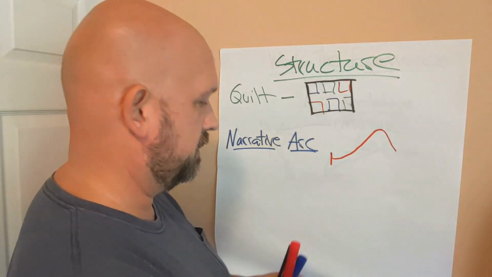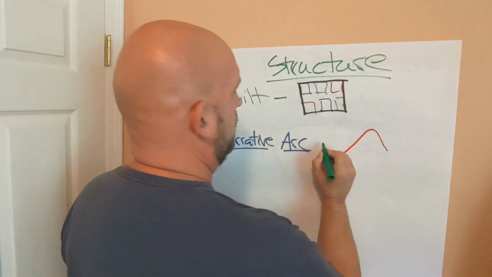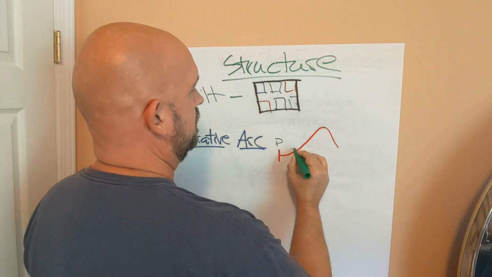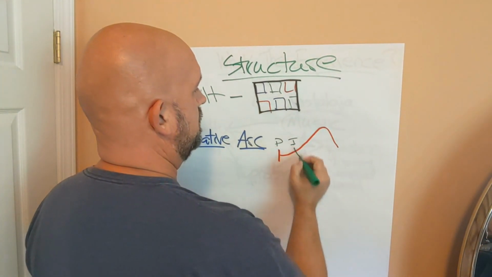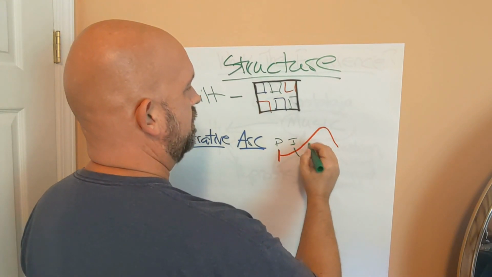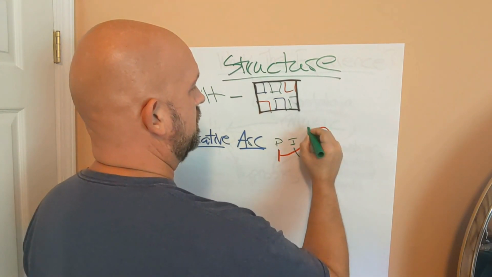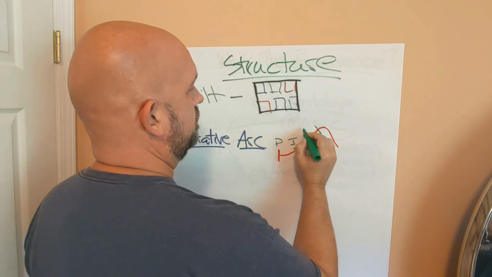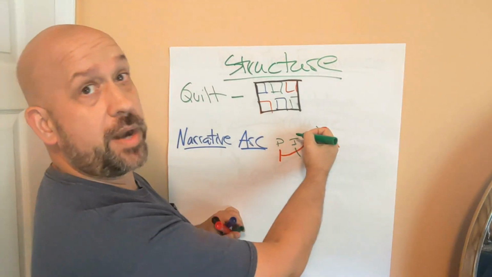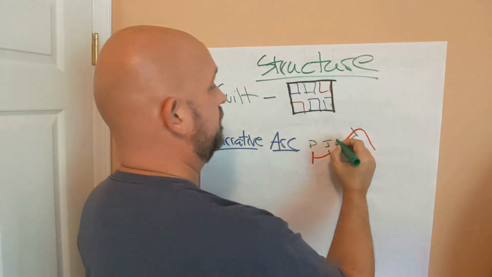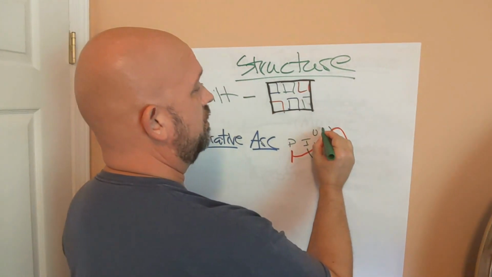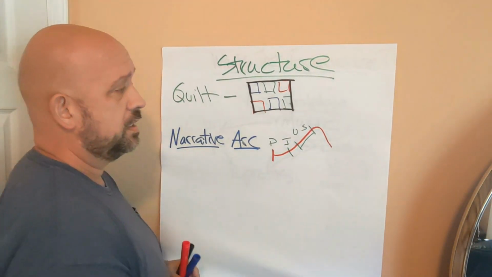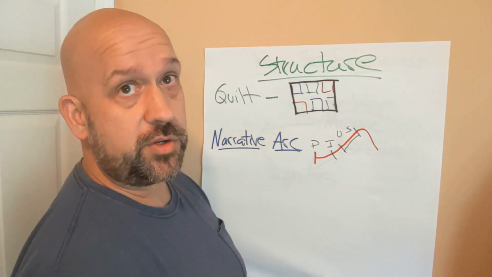So again, let's think of pre-talk, then induction, then this whole section here would be, in hypnotic terms, all your utilization. Or you could just think of it as all the core suggestions that you're doing.